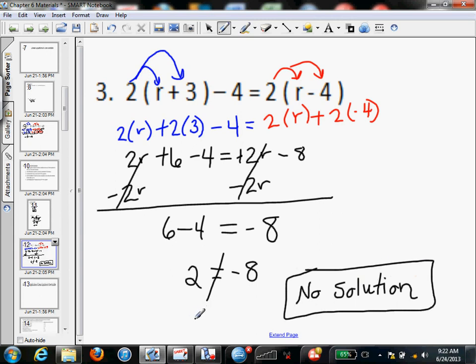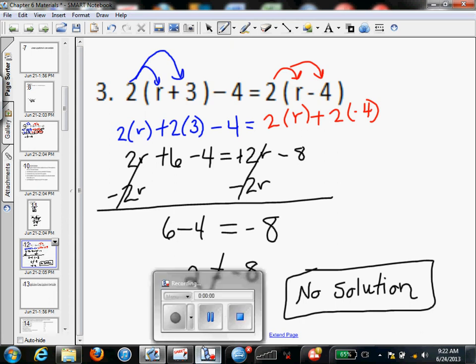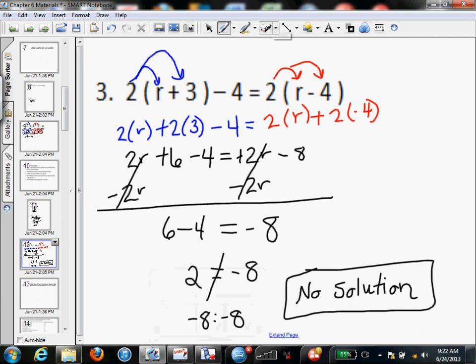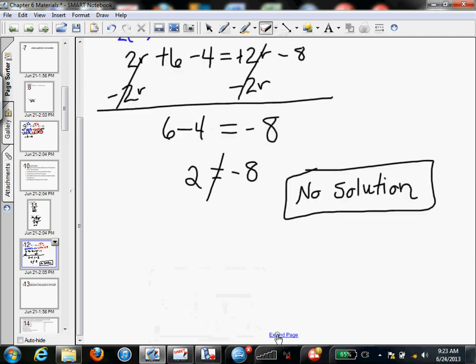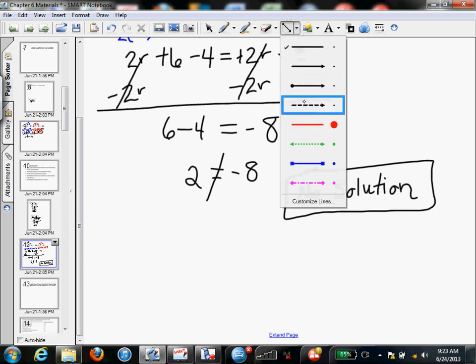If the answer had been something like negative 8 equals negative 8, we would have said that the solution has infinitely many solutions. If the same number equals each other on the same side of the equation, it has infinitely many solutions. But if it does not, it only has no solution.